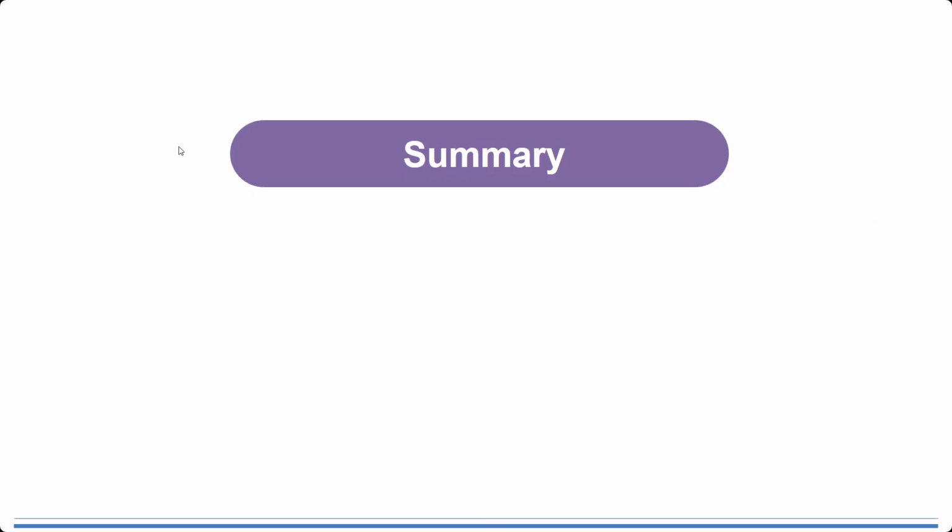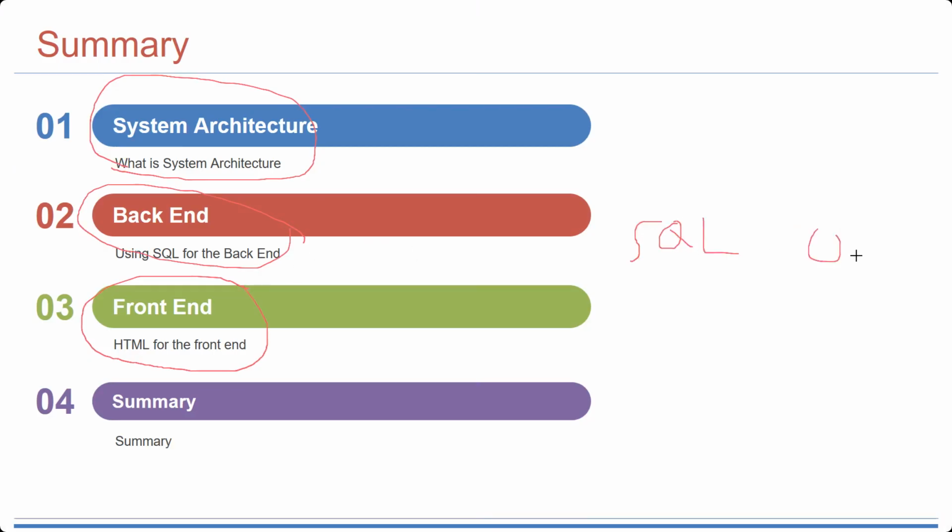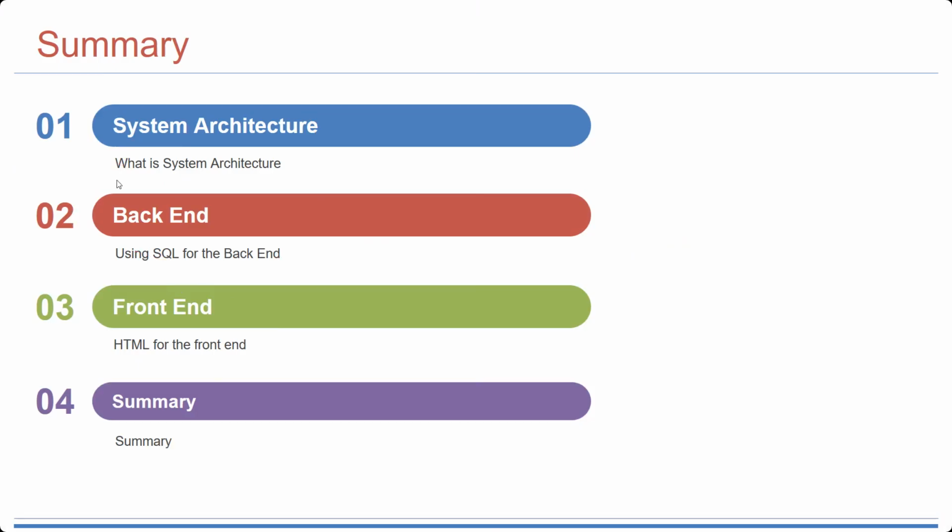Okay, so I think that's all that we learned today. We have the system architecture, what system architecture is, and you learned about the backend. We have two backends, the SQL and the ORM. And then we also looked at the front end. Okay, any questions?